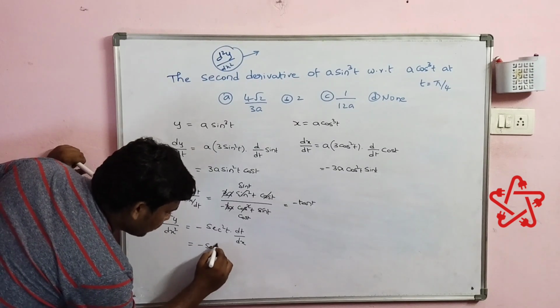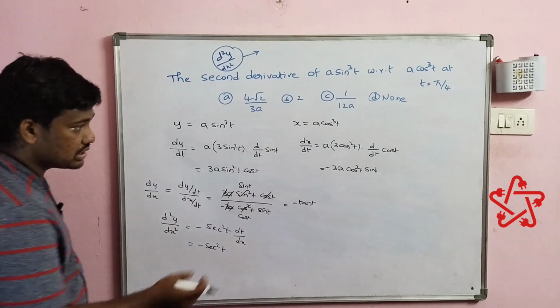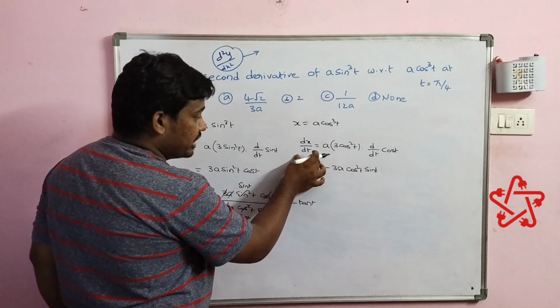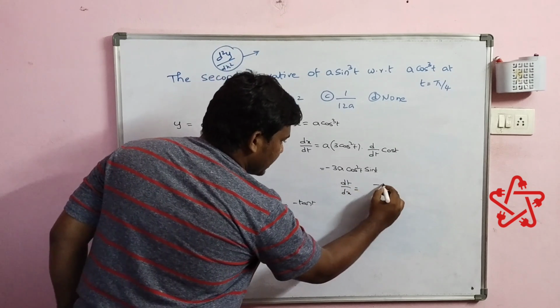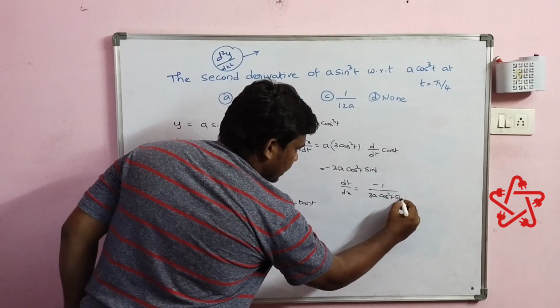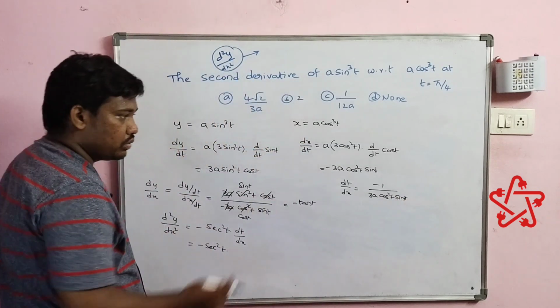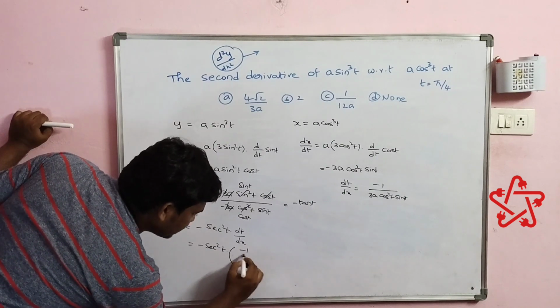Minus secant square t into dt by dx. Here we got dx by dt, and for finding dt by dx, we just invert that: 1 by 3a cos square t sin t, with a minus sign.